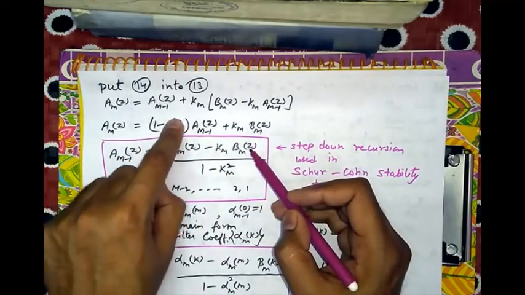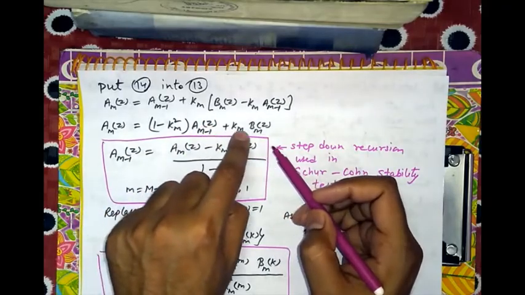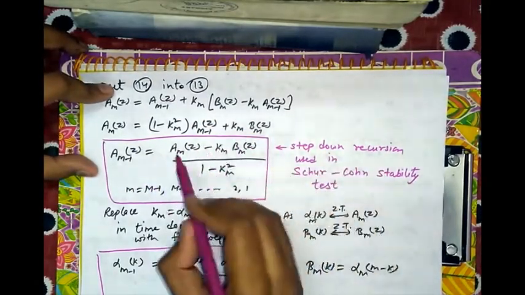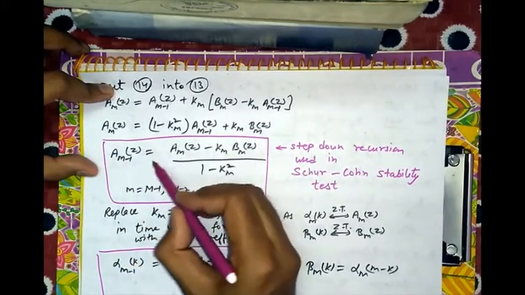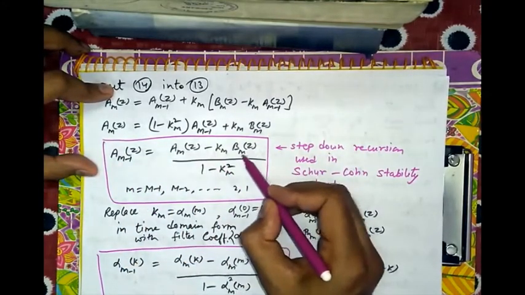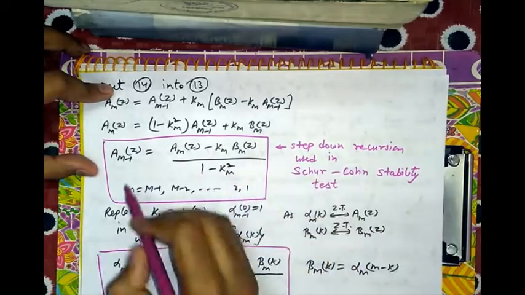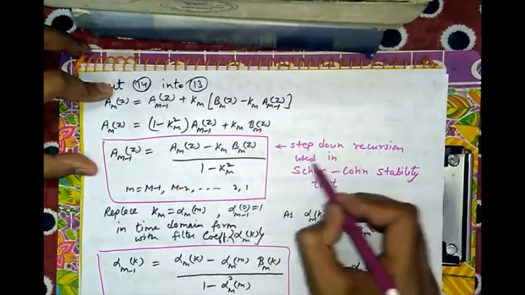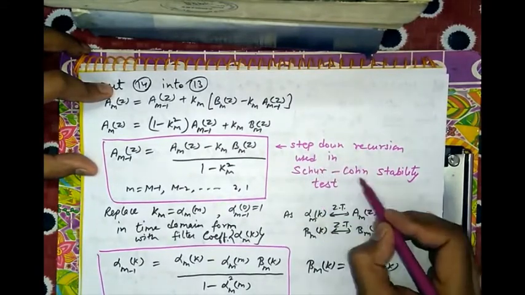A_m(z) equals (1 minus k_m square) A_{m-1}(z) plus k_m B_m(z). Okay, and then A_{m-1}(z) is equal to A_m(z) minus k_m B_m(z) upon 1 minus k_m square. This is the step down recursion, used in the Schur-Cohn stability test.